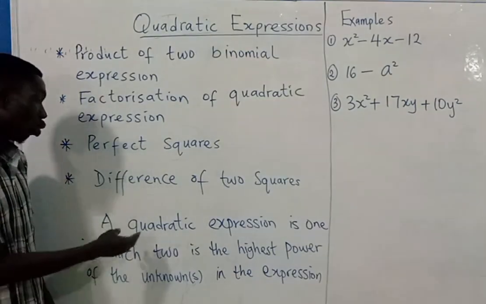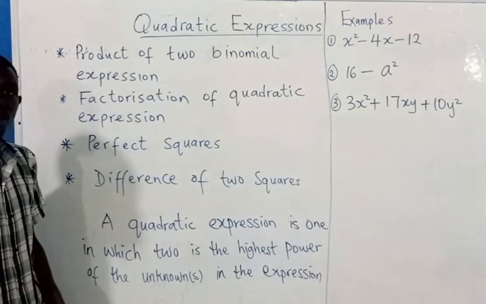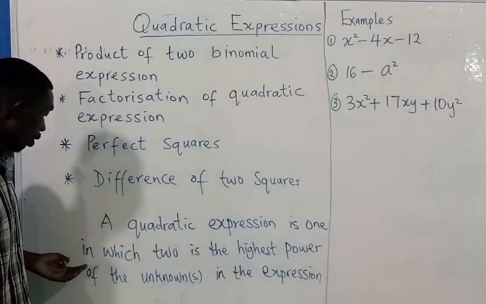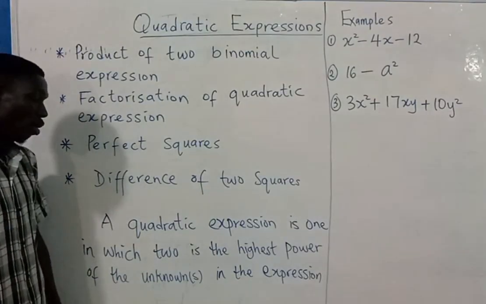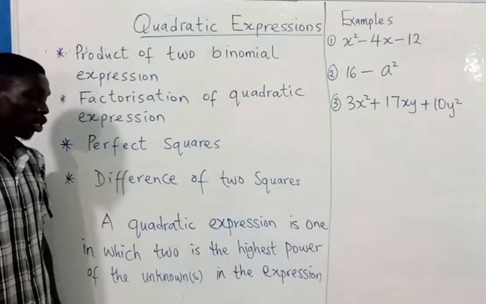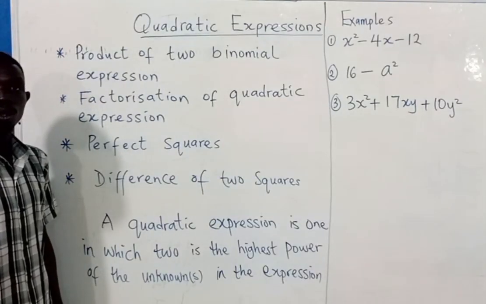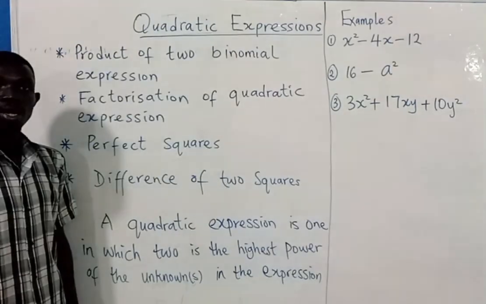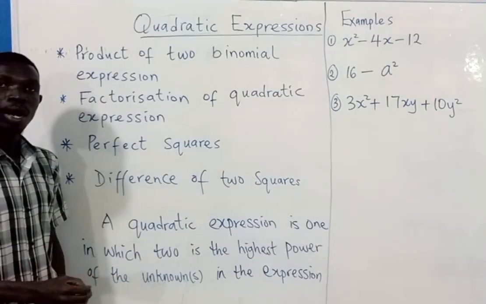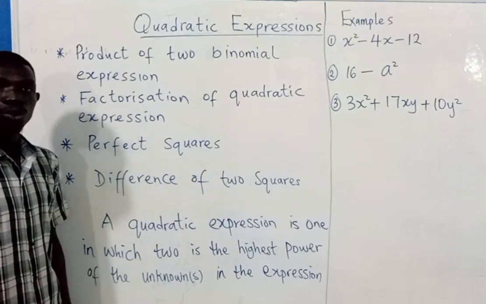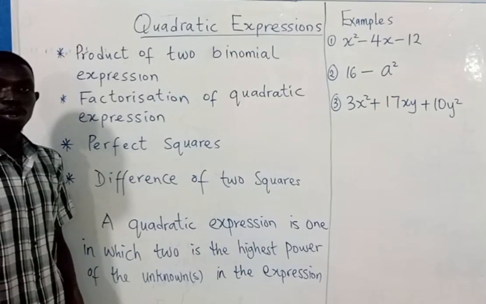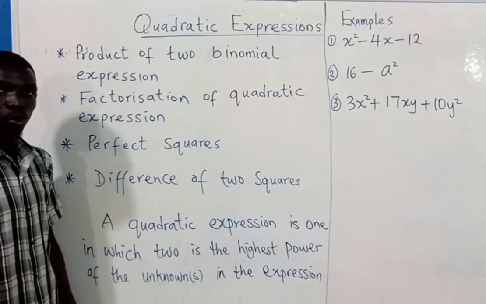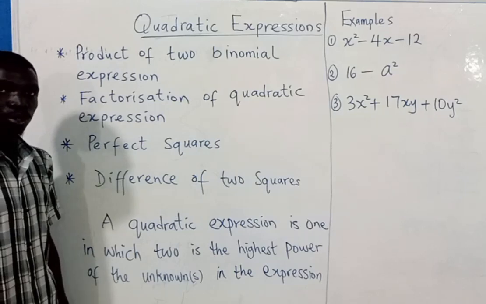And so a quadratic expression is one in which 2 is the highest power of the unknown in the expression. So any mathematical statement in which the highest power of the unknown is 2, such mathematical statement or expression is called a quadratic expression.